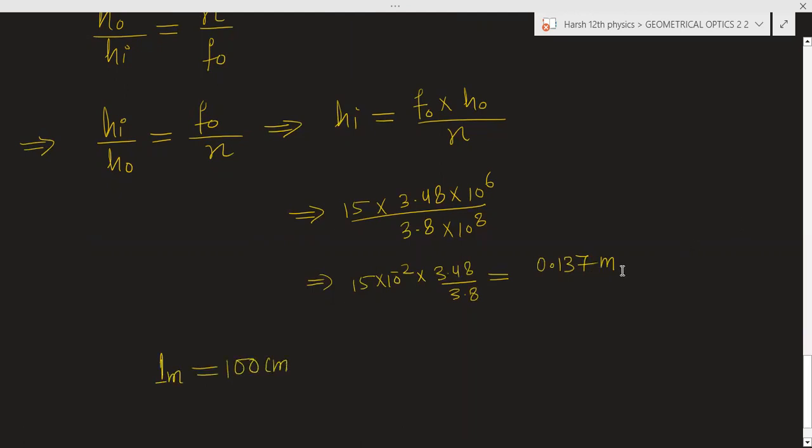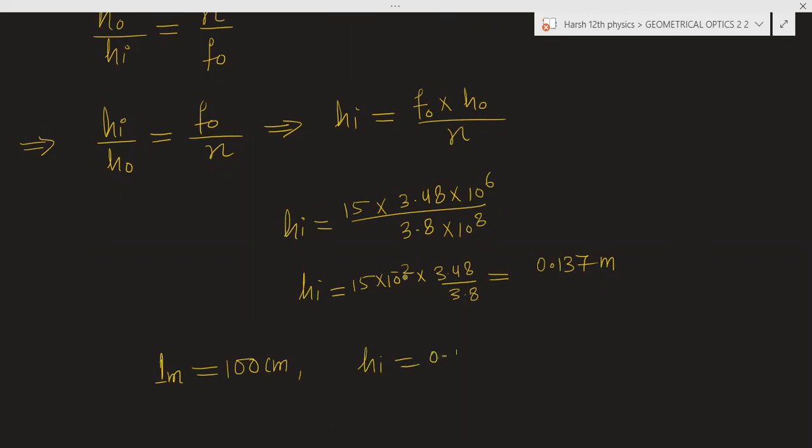If they are asking in centimeters, na, so your answer, the height of the image, you just multiply by 100. It will be 0.137 multiplied by 100.